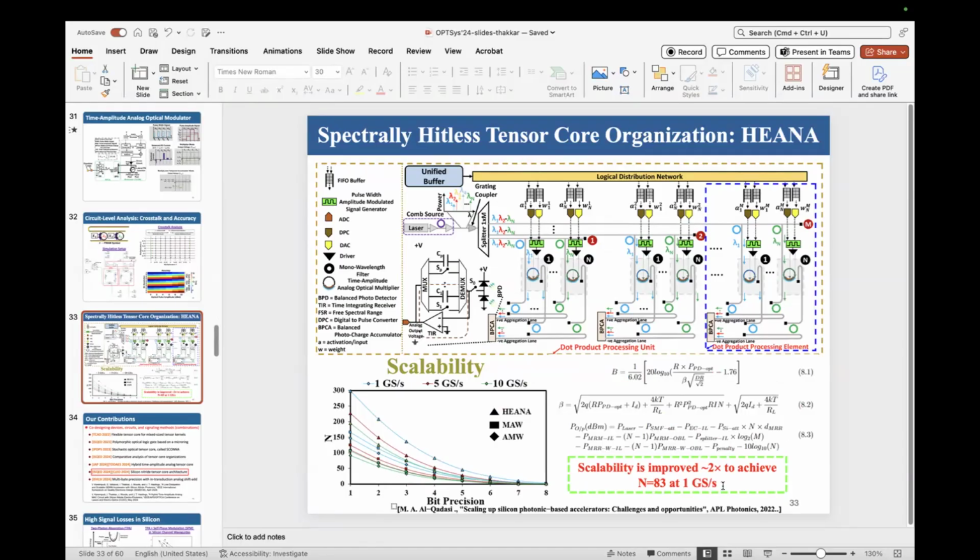We can change the values as we please. And if it is input stationary, what you can do is change the accumulating capacitor. There is a bank of capacitors that you can use, so you can accumulate in situ a large number of bits.